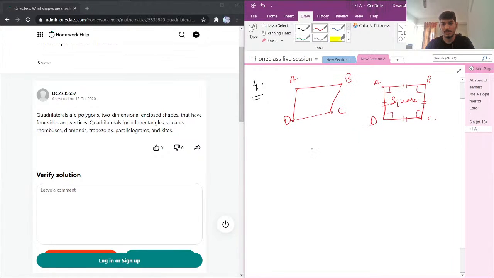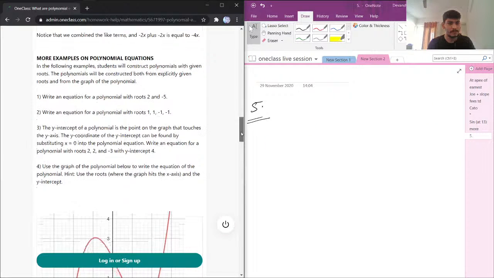For a rhombus also we have four sides. Sides are equal. A, B, C, D.